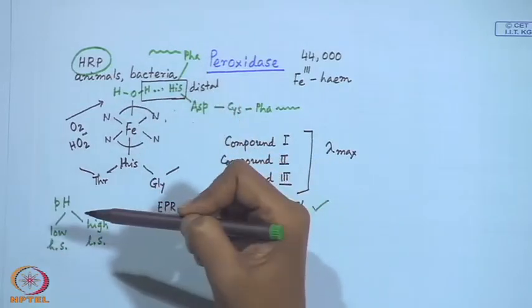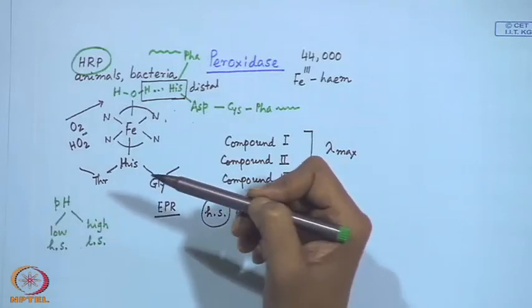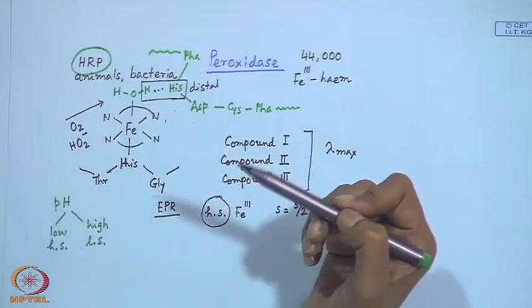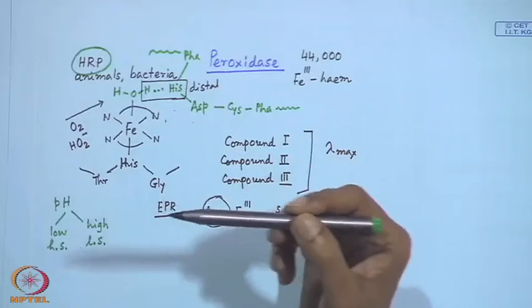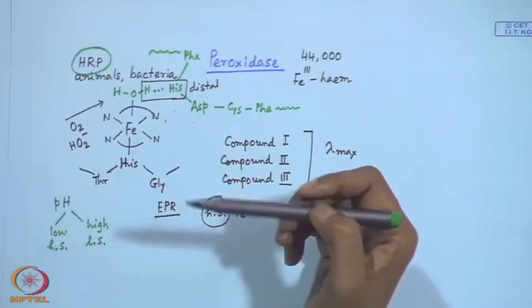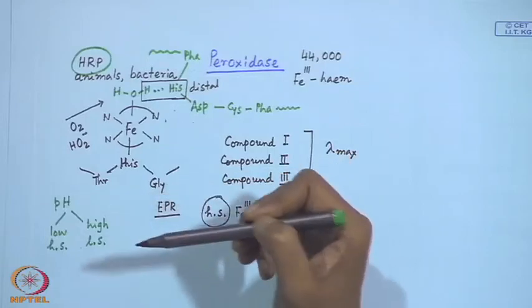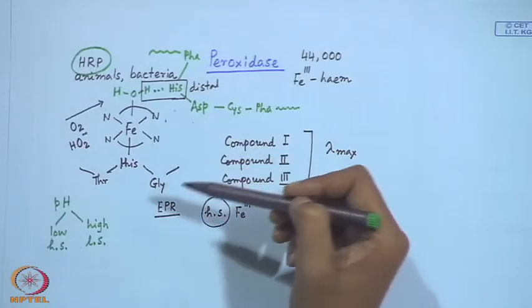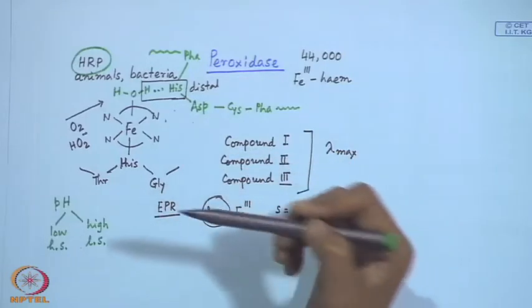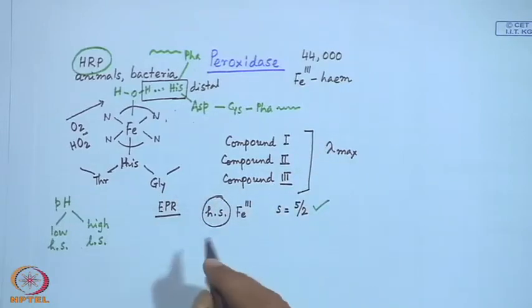As we all know, ultimately it is also related to the binding of dioxygen, because of how the deoxy form of hemoglobin and myoglobin, in which form, whether in the low spin state or in the high spin state, is used for binding the oxygen molecule, that we know from our knowledge of myoglobin and hemoglobin.